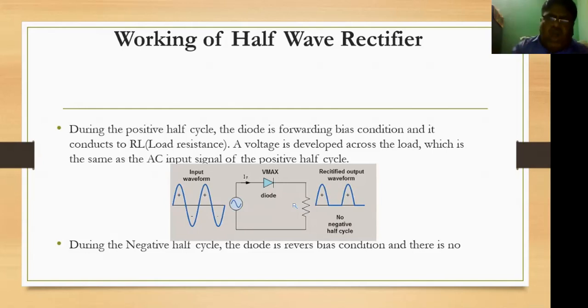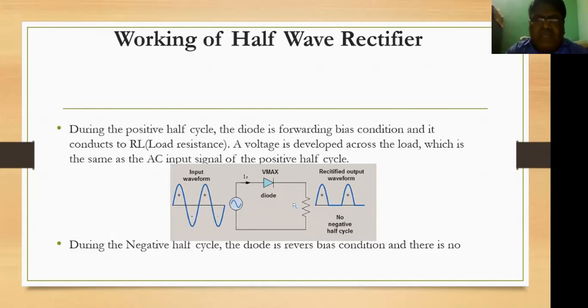When in forward bias, the current starts flowing in the circuit through RL. A voltage is developed across the load resistor, which is the same as the AC input of the positive half cycle. For example, if the input is 2 volts, the same 2 volts appears at the output side also. So this happens under the forward bias condition. Please remember.